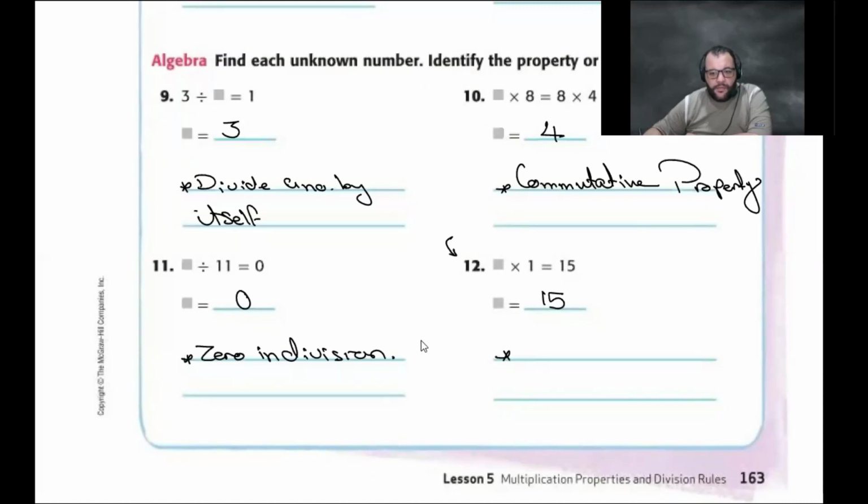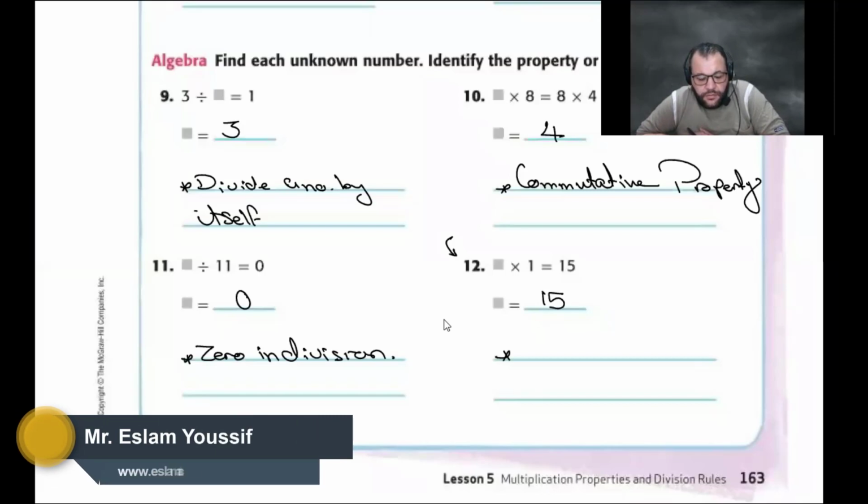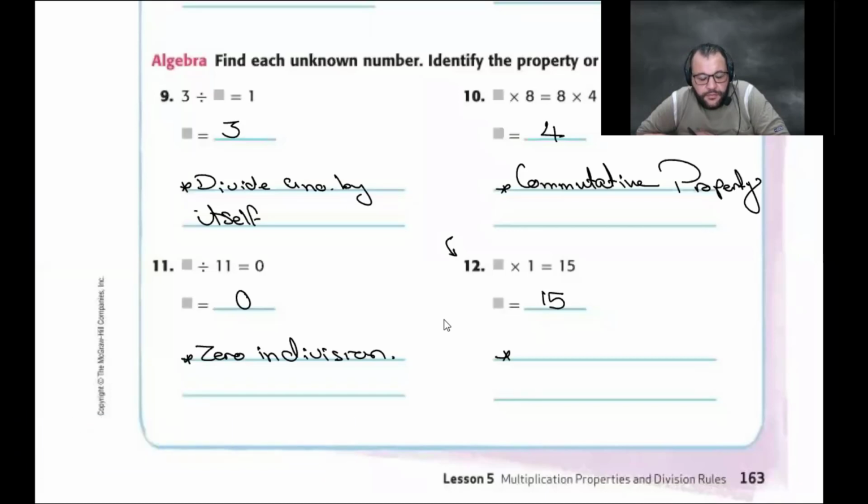Let me see. There is a name for this property.